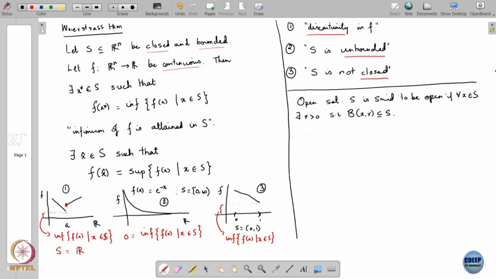Now, if a set is not open, then we can in some cases extract those points around which such balls exist. That is what is called the interior of a set. So, I will define that. Let C, a subset of R n, be any set. The interior of C is usually denoted by C with a little circle on top.